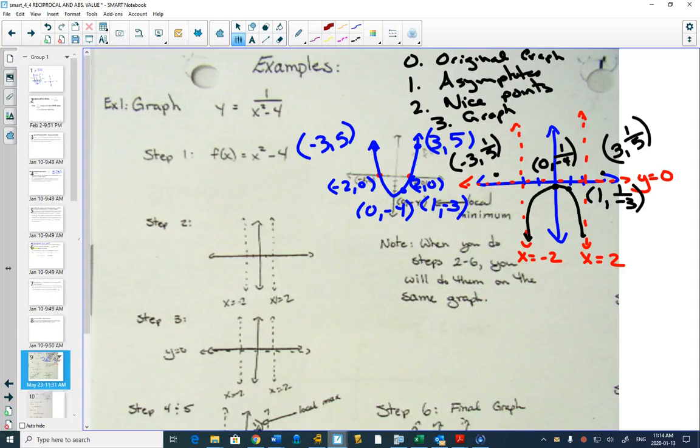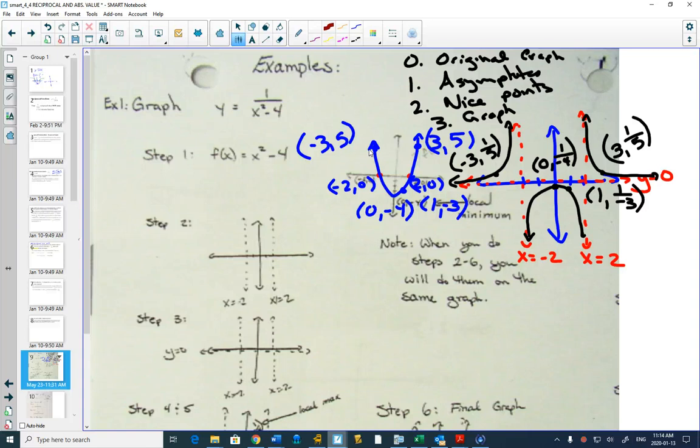Well, your graph goes towards asymptotes. And with a reciprocal graph, any graph that's 1 over, does it make sense that you will never have x-intercepts if you have 1 over something?